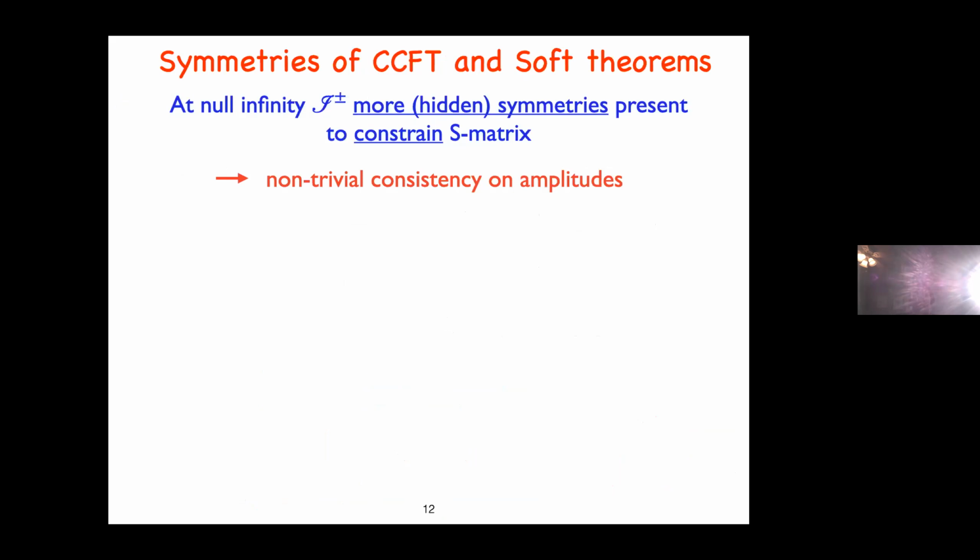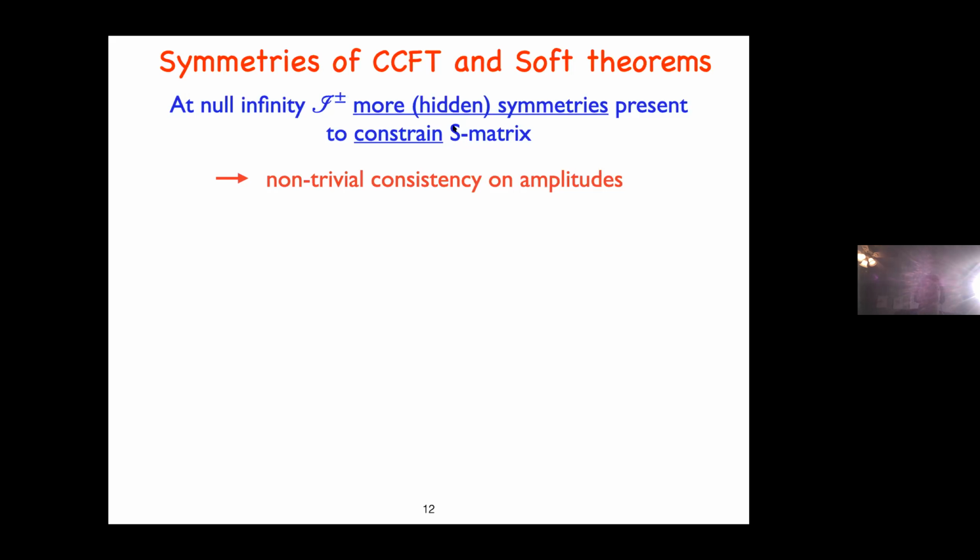So I want to study the symmetries of the celestial CFT, and I'm going to just quote something that we already know, that at null infinity of asymptotically flat spacetimes we expect to find Poincare symmetry, but it has been shown that you can actually find more symmetries, which were called the BMS symmetries.